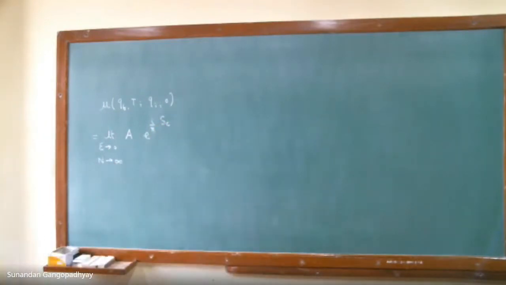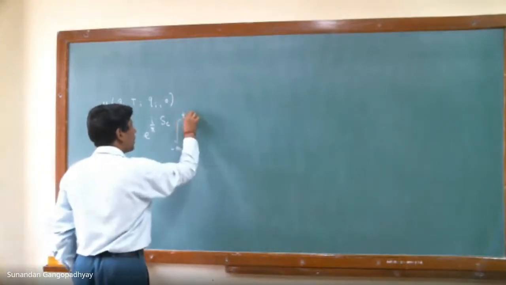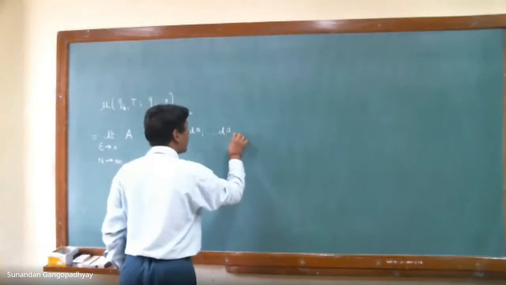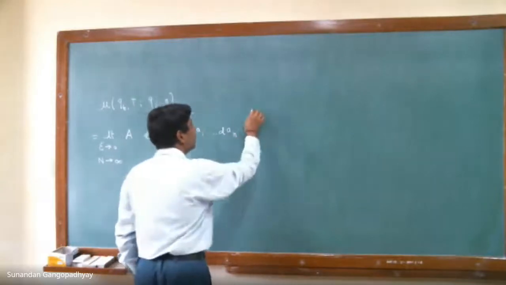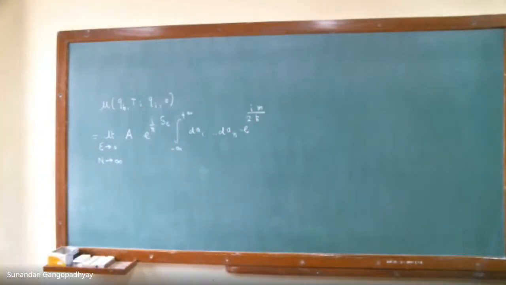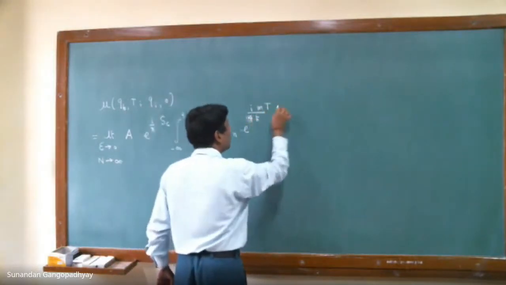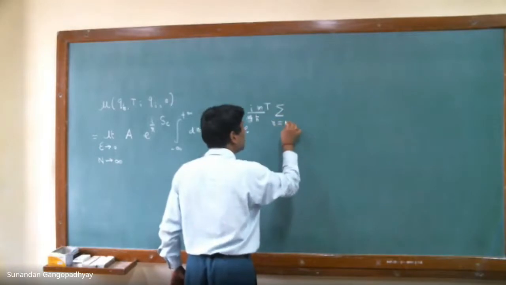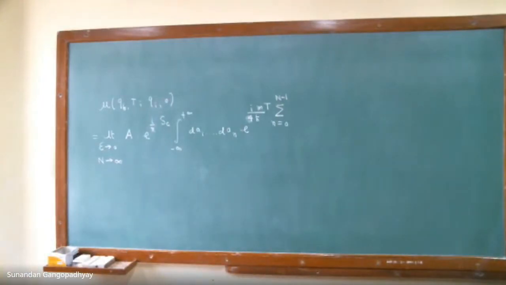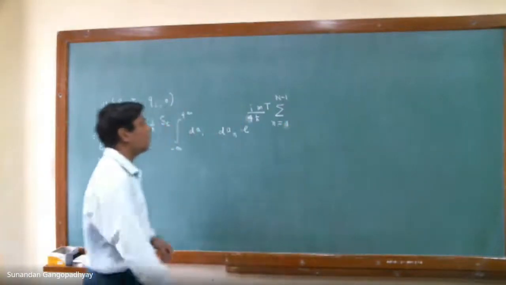And then we had the integral from minus infinity to plus infinity, dA1 to dAn, and then we have the integrand, which is i by 2 h bar, i capital T by 4 h bar, summation n from 1 to N minus 1.